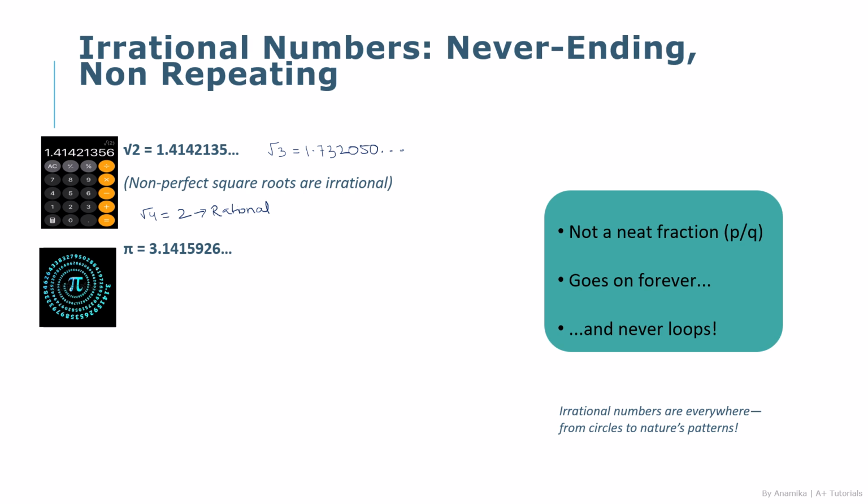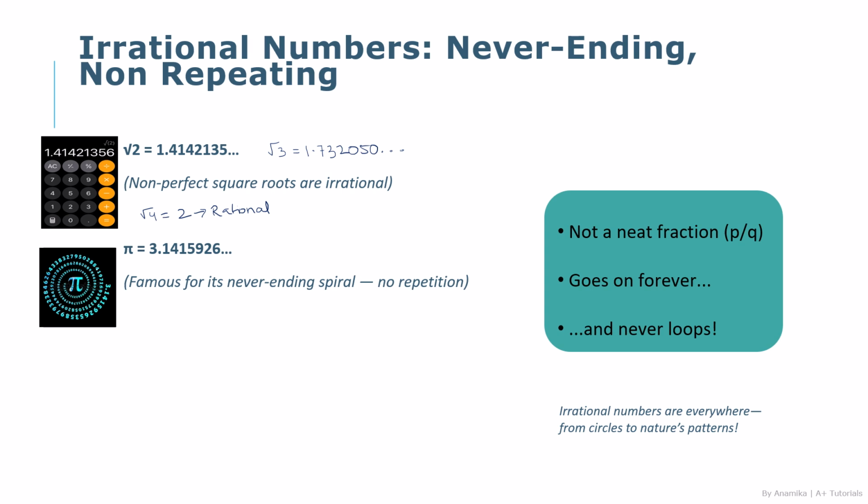No repeating, no ending, and absolutely no pattern. You might have memorized the first few digits in school, but here's the cool part. People have calculated millions of digits of pi, and guess what?